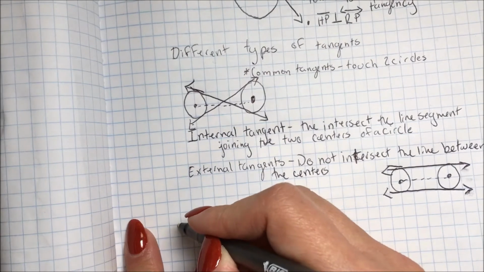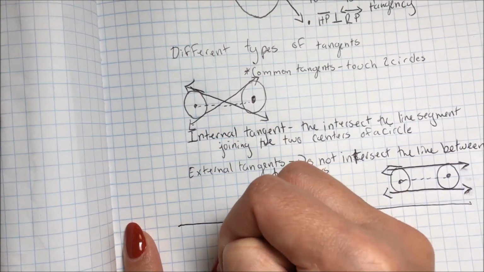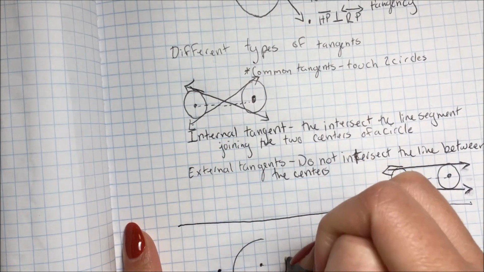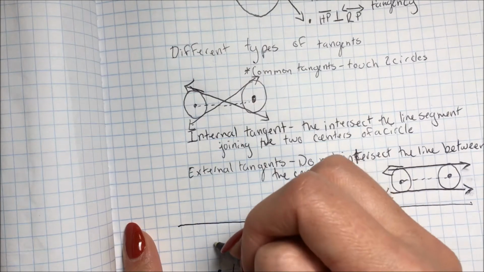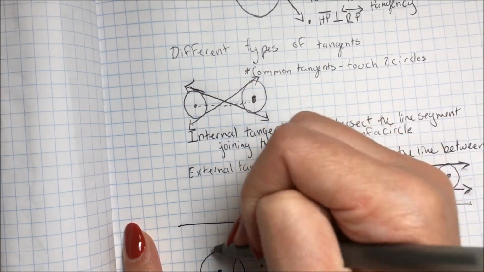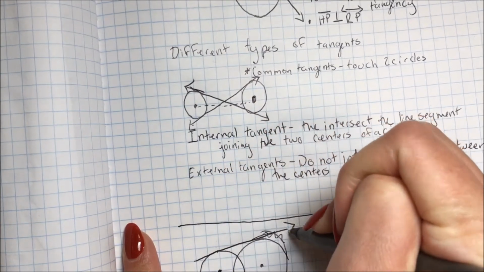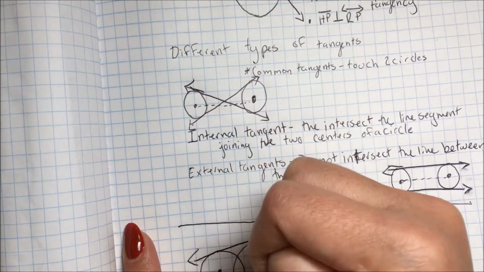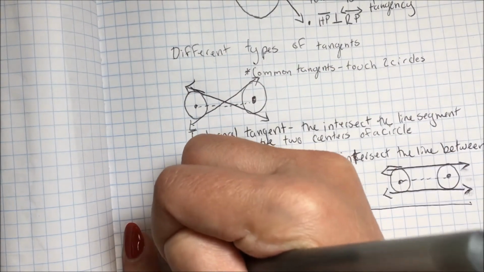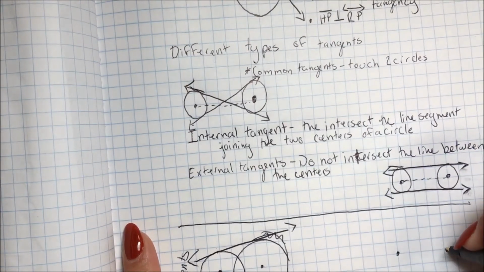Okay? But the circles can be positioned differently. The circles could be overlapping. In which case, that's a terrible circle. In which case there's only 2 tangents. The circles could actually be tangent to each other.